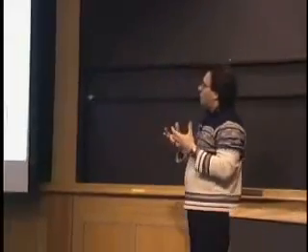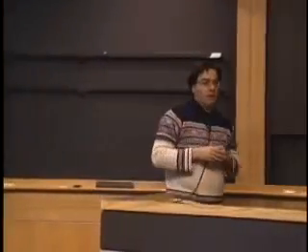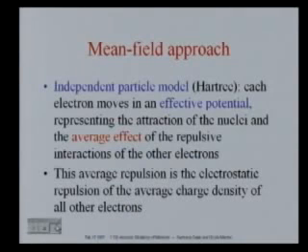And Hartree introduced the concept of independent particle and effective potential. This is something that comes over not only in electronic structure, but in a lot of problems where we actually need to deal with a very large number of interacting elements and interacting particles.